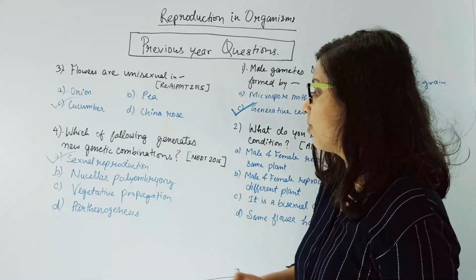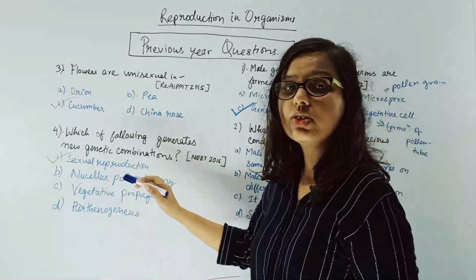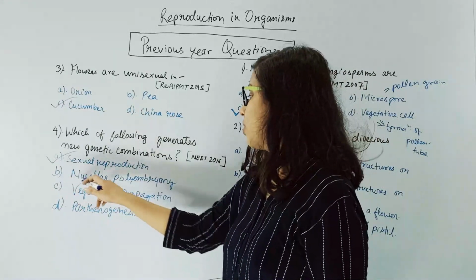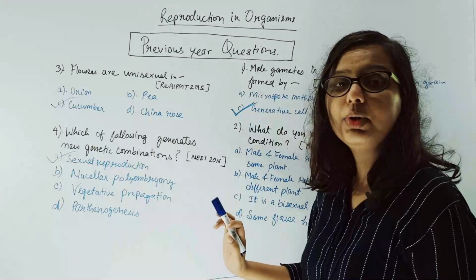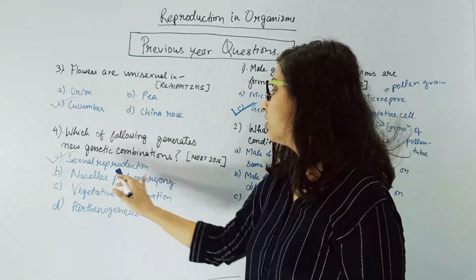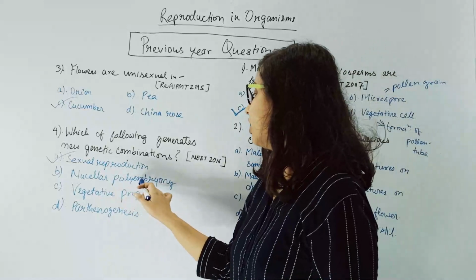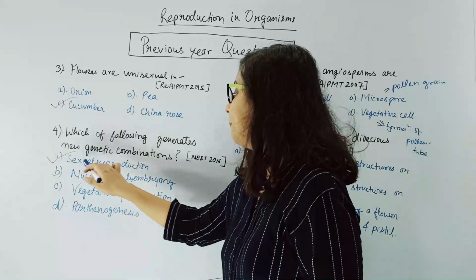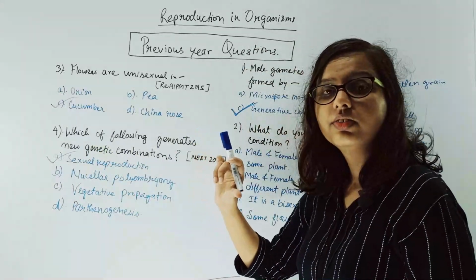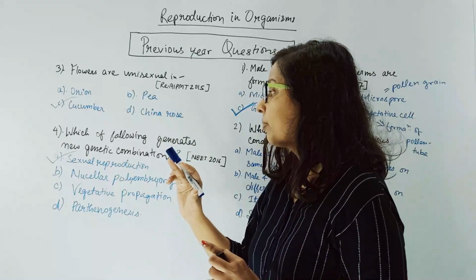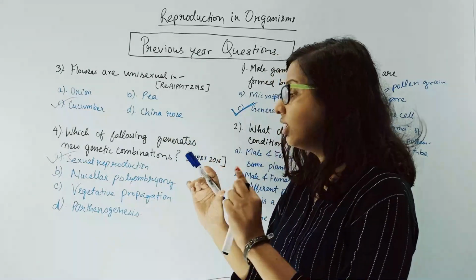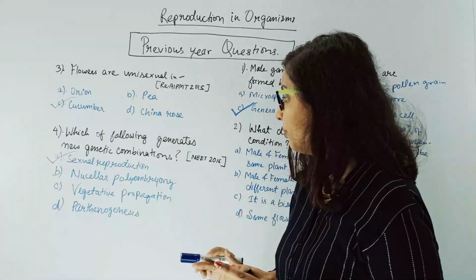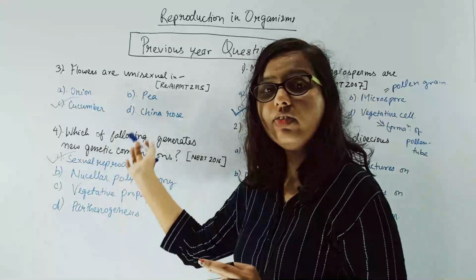But let us see the next options also. Through the next options, you can see different processes of reproduction. Option B is nucellar polyembryony. You don't have to worry about it. This is a new term. You will understand it when you understand what the nucellus is. The nucellus is part of the ovule. The ovule is the female gametophyte in case of angiosperms, and the nucellus is part of that.